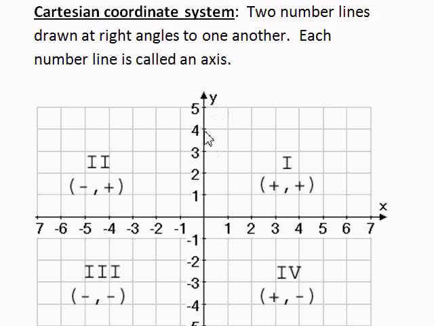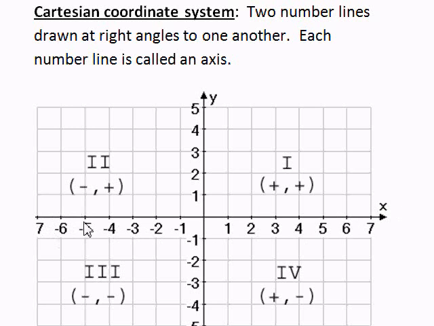The first one is the Cartesian coordinate system. The Cartesian coordinate system consists of two number lines, drawn at right angles to one another, and each number line is called an axis. Down below we have an example of a Cartesian coordinate system. Notice the number line that goes from left to right is called the x number line.